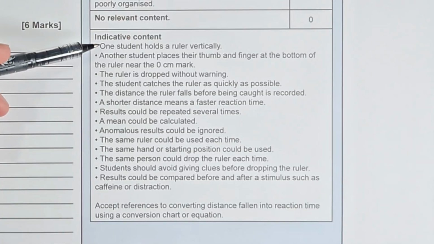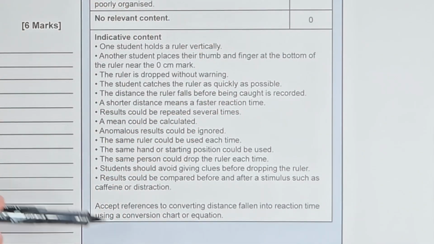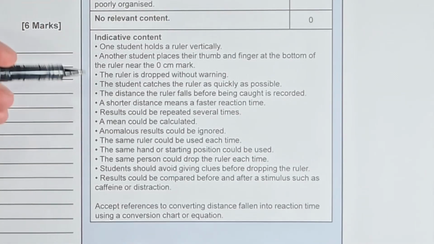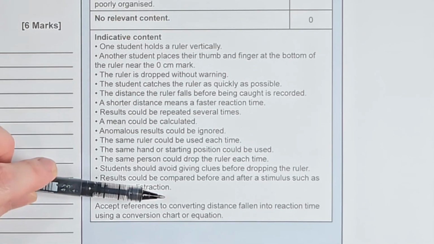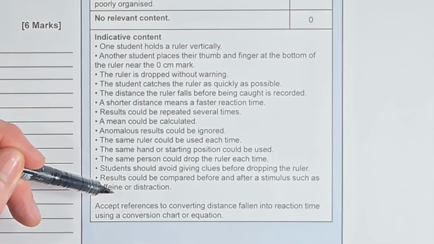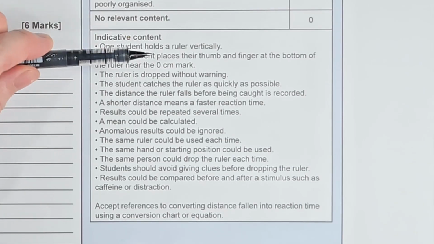Anyway, indicative content. So this is the second half of our mark scheme. The next part of these big mark scheme blocks is indicative content, being the things that they are looking for that you mention in your answer. It's not a case of you have to get every single one of these points into your answer, but these are the things that are right. These are what they are looking for.